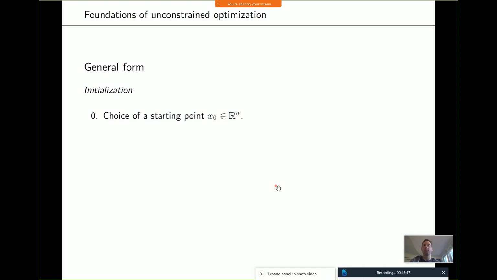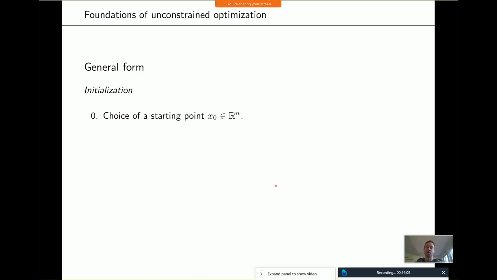The first thing in an algorithm, and what also characterizes numerical algorithms for optimization, is that you have to select a starting point. This is referred to as initialization. You have to define a starting point, which is your first guess of what the minimum could be.